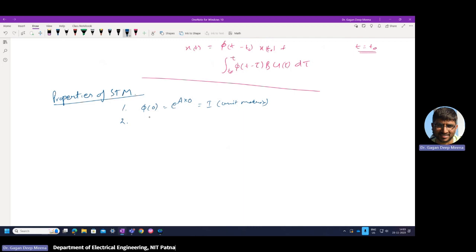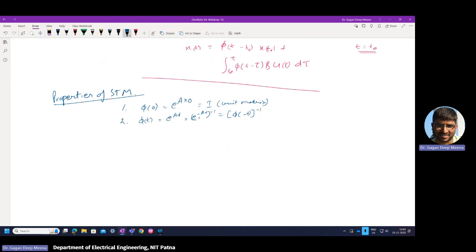Okay, so that's phi of 0. Then we have phi of t equal to e to the power At, and it is also equal to e to the power minus At the whole raised to the power minus 1. And this can be further written as phi of minus t to the power minus 1.